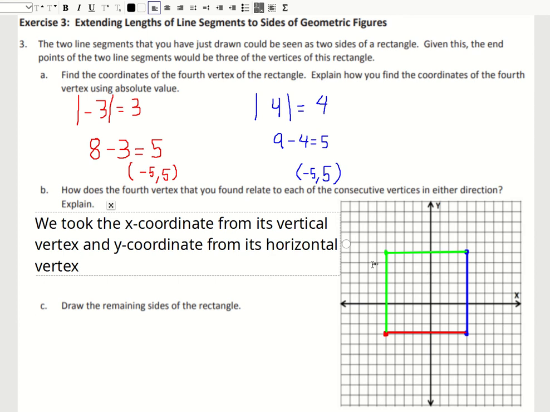So we basically stole it from these other points in order to create this new one.